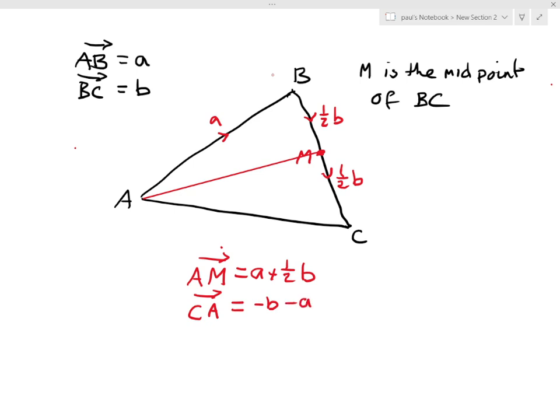Now what happens if we decide to go up there and down that way? Well, the vector from A to M is a plus half a b.